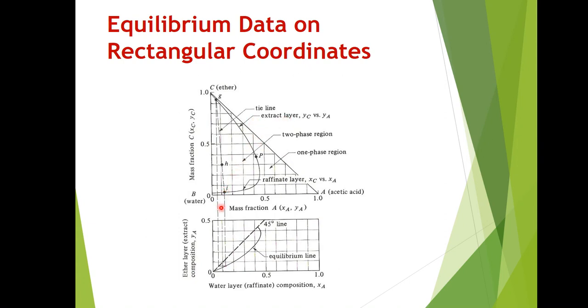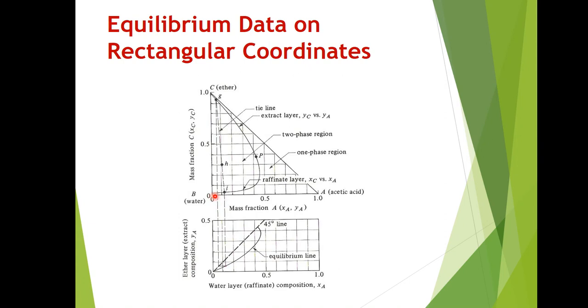On the horizontal axis of this triangular diagram you have either XA or YA, but it pertains to the concentration of A. On the vertical axis, you have the C, the concentration of the solvent. Nowhere can you find B, because B is water.